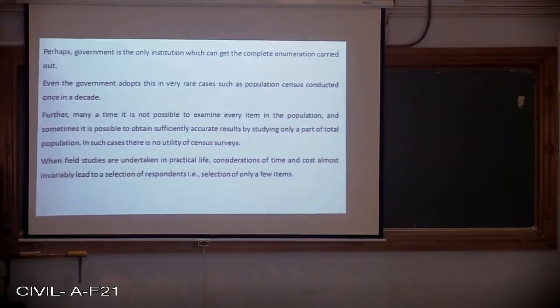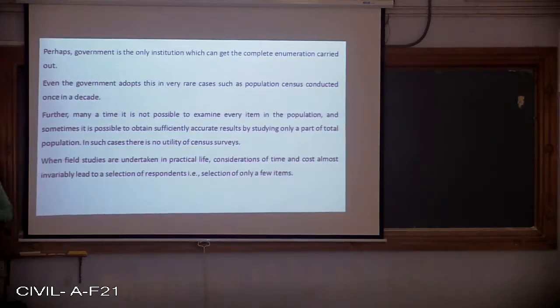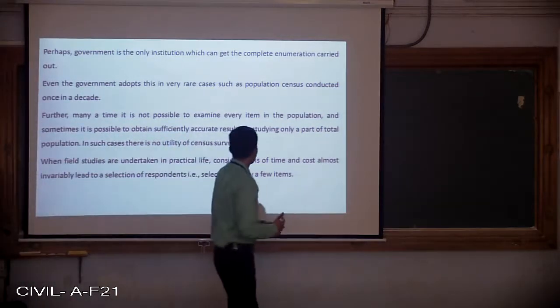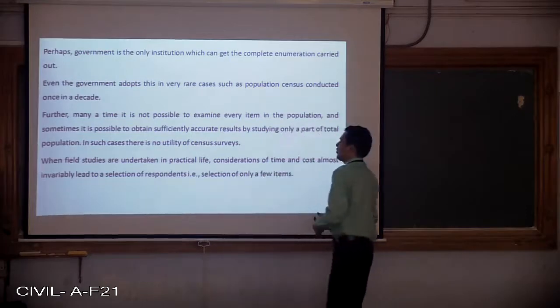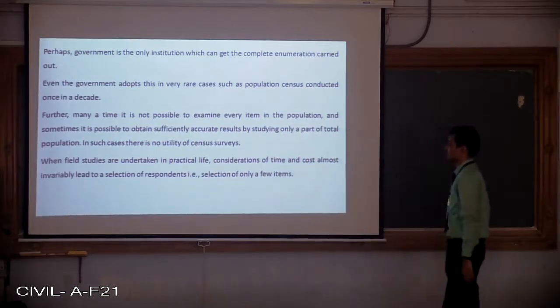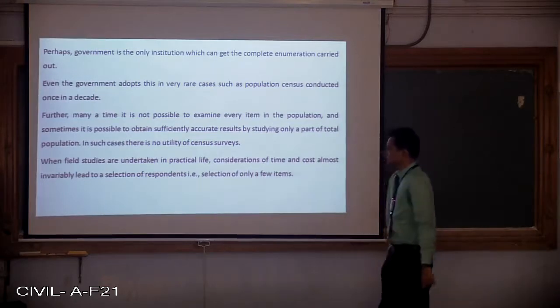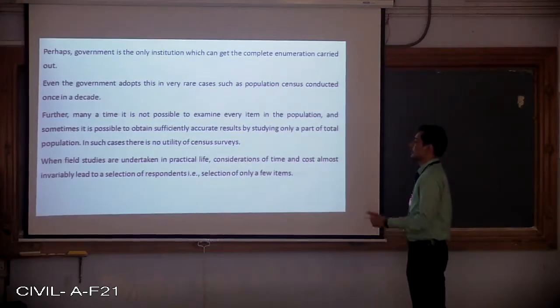Even the government adopts this only in very rare cases, such as population census conducted once in a decade. Further, many times it is not possible to examine every item in the population, and sometimes it is possible to obtain sufficiently accurate results by studying only a part of the total population. In such cases there is no utility of census survey.